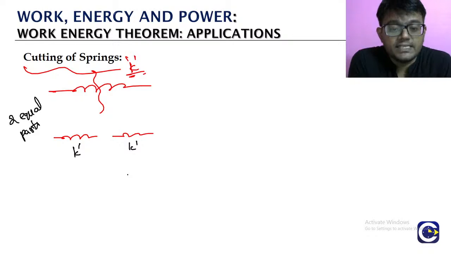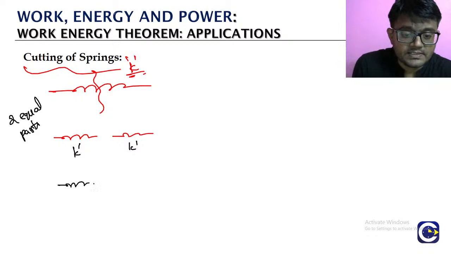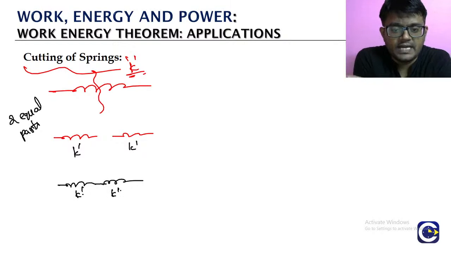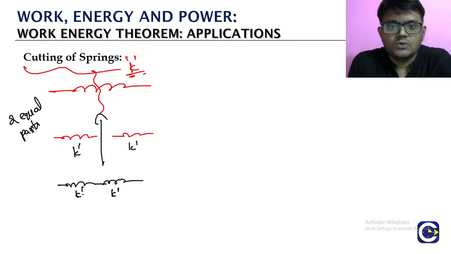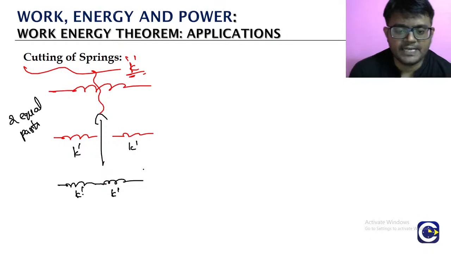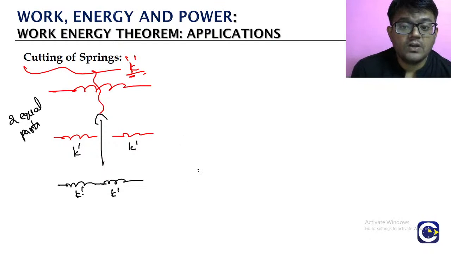Now one way we can see it is, look at this half and this half. Both of them are in series. You connect them in series, then you get the original spring, right? What is the relation we have?